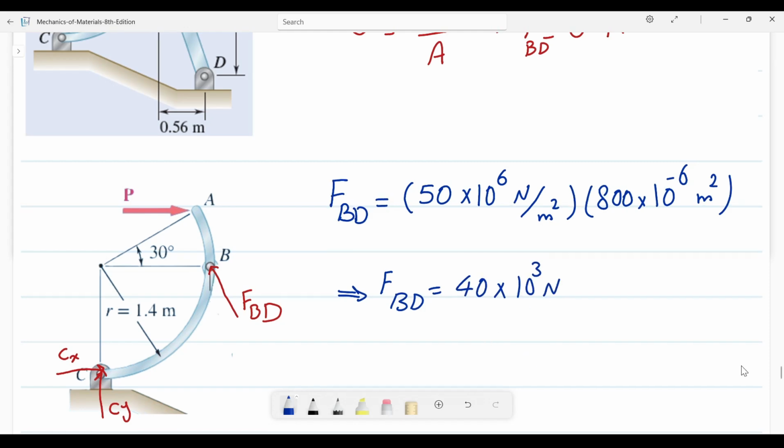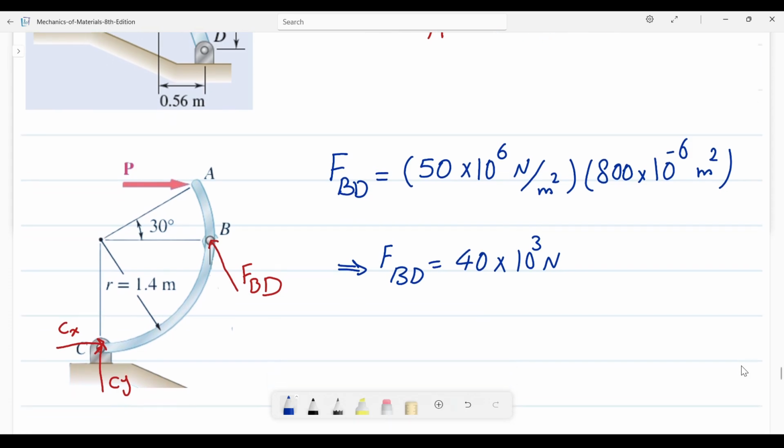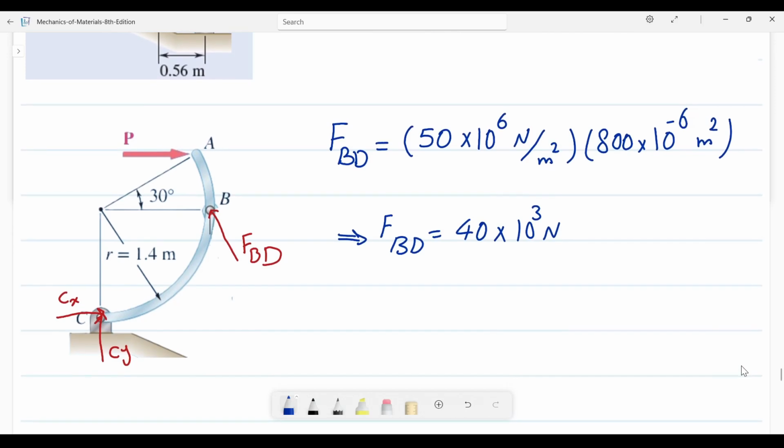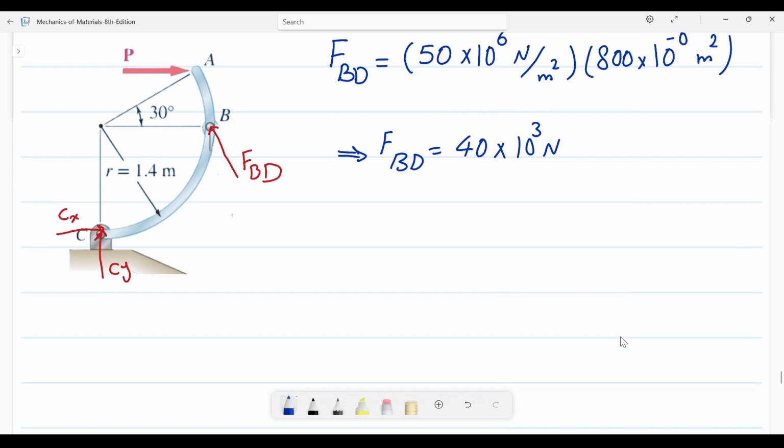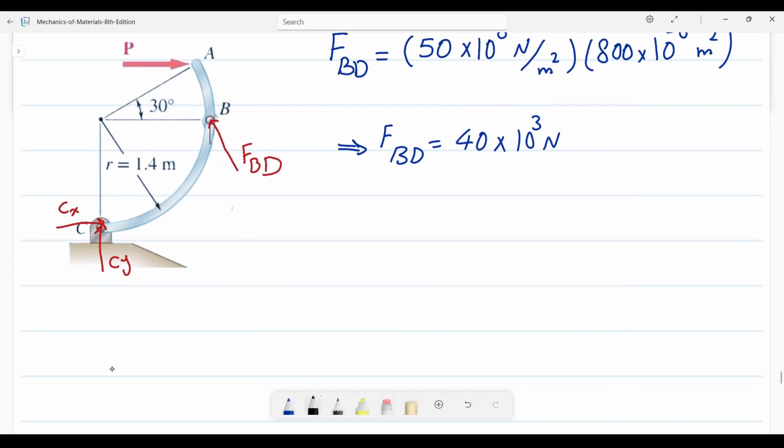All right. With FBD now, let's take moments about point C. That knocks out Cx and Cy, so our equilibrium equation gets a lot simpler. I write it here: sum of moments about point C equals 0.